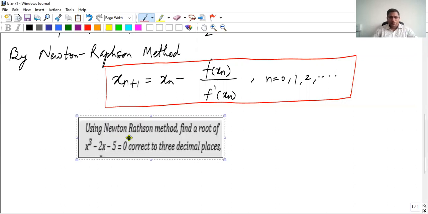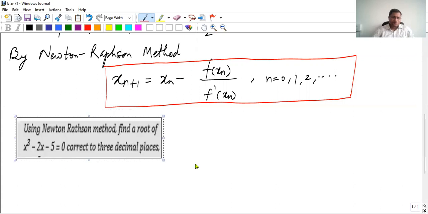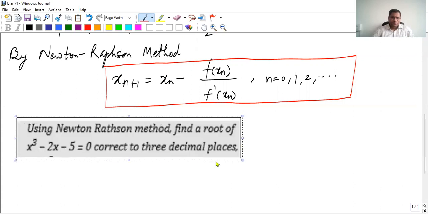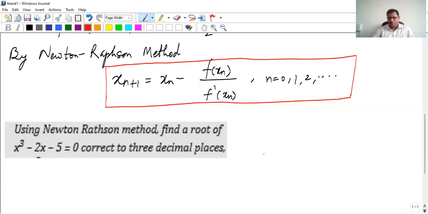I hope you are able to see this. Are you able to see this? Okay, using Newton-Raphson method.